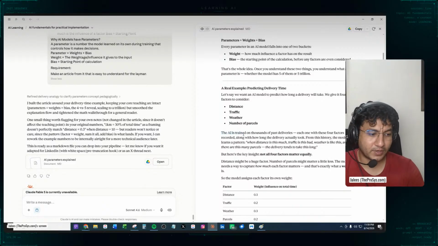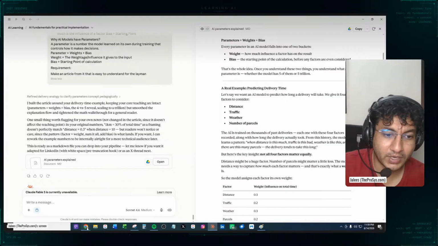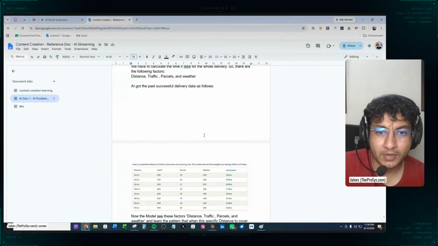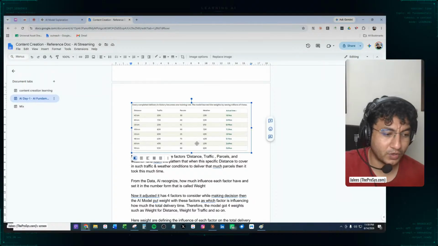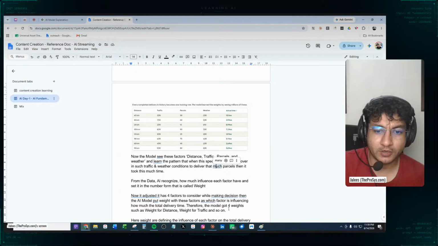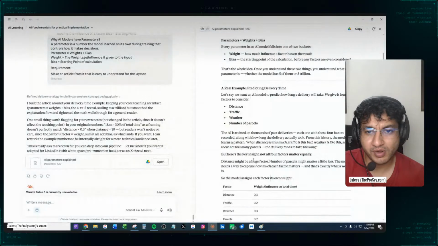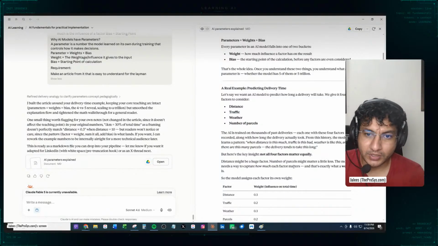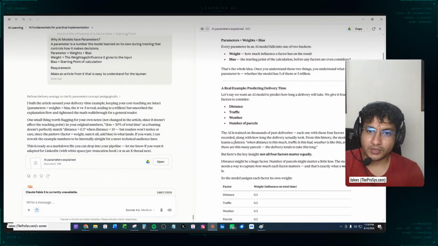The AI is trained on thousands of past deliveries, each one of these four factors recorded along with how long the delivery actually took. From this history, the model learns a pattern: when distance is this much, traffic is this bad, weather is this, and there are this many parcels, delivery tends to take this long.